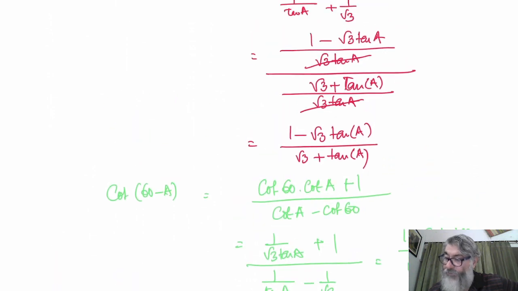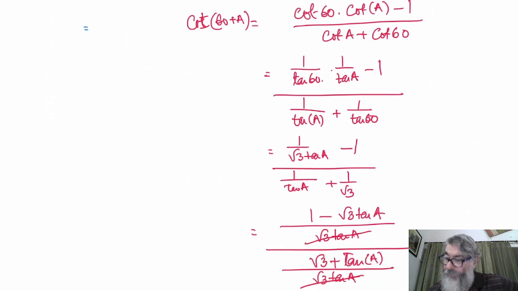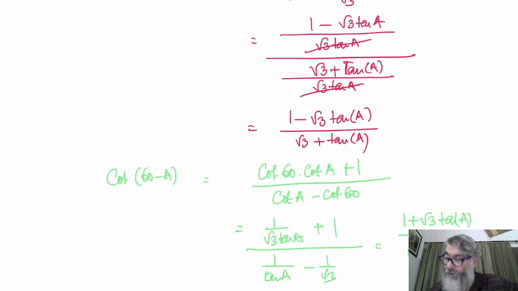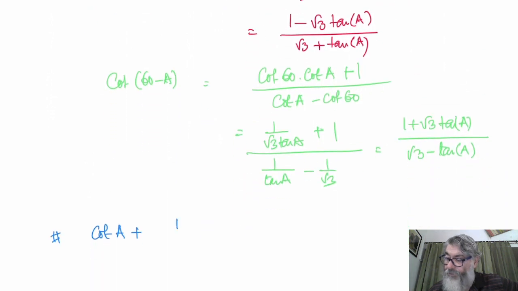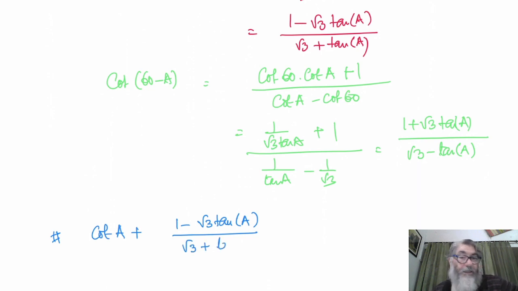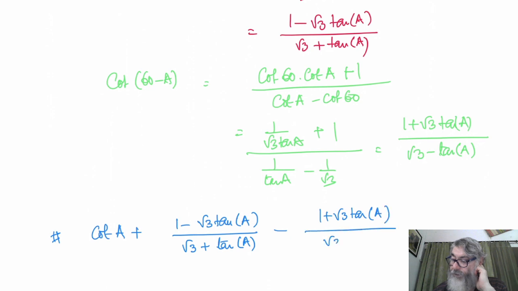So what is the value of cot(60+A)? It is (1 minus root 3 tan A) upon (root 3 plus tan A), and then it is minus. It was a minus sign. (1 plus root 3 tan A) upon (root 3 minus tan A).